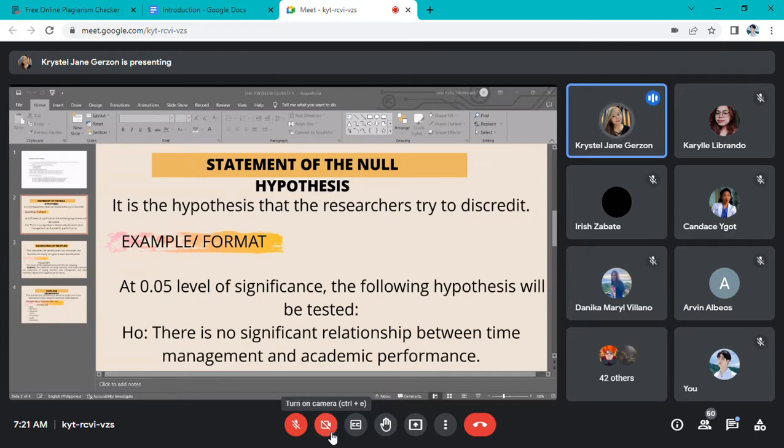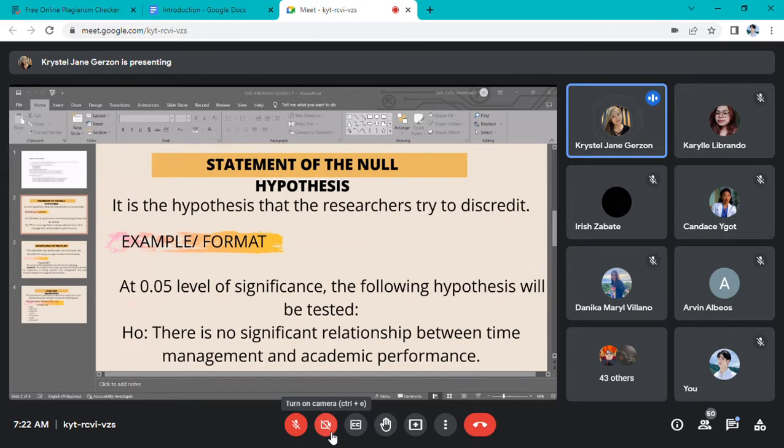Now, this is a standard introductory statement: at 0.05 level of significance, the following hypothesis will be tested. Most of you only have one hypothesis. So your symbol is H and a very tiny O. It's not actually zero, and it's not the letter O, but a very tiny circle. That's the symbol for the null hypothesis.